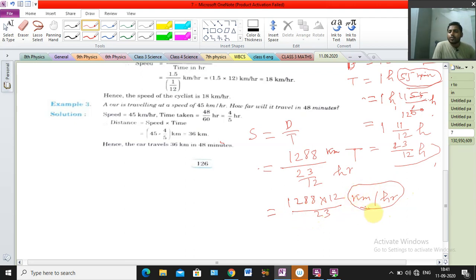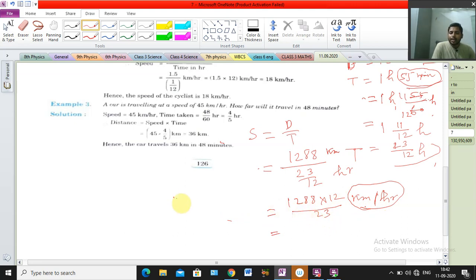Now cancel it. Cancellation is possible between 23 and 1288, not between 12 and 23.